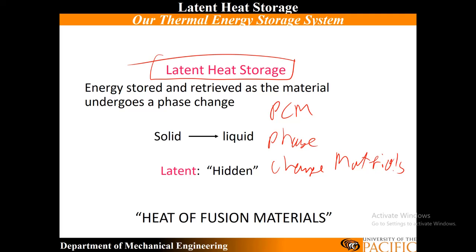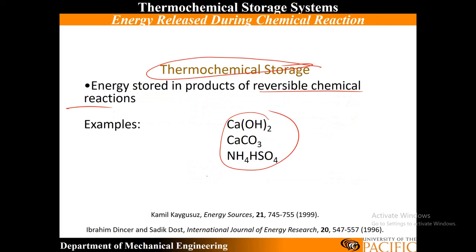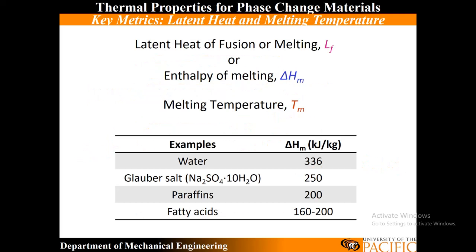If you're watching this still laying in bed today, you're probably sleeping on some phase change materials. What we're using here is the energy that's released or absorbed upon a phase change, going from solid to liquid. So a latent heat, or hidden heat, the heat of fusion of materials. There's more energy released during a phase change than when you're simply absorbing heat based on the specific heat capacity of a material.